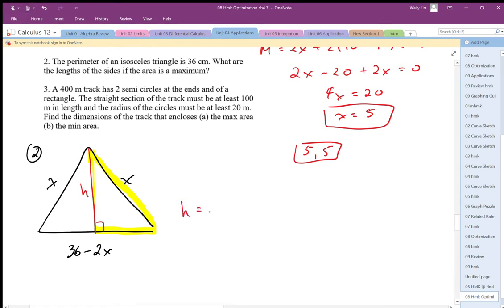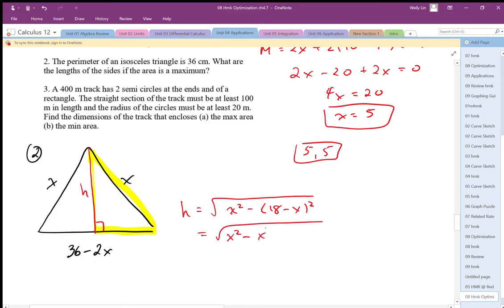The height is equal to the square root of half of 36 minus 2x, which is 18 minus x squared, minus, it's going to be the long side, so x squared minus 18 minus x squared. Simplify that a bit.